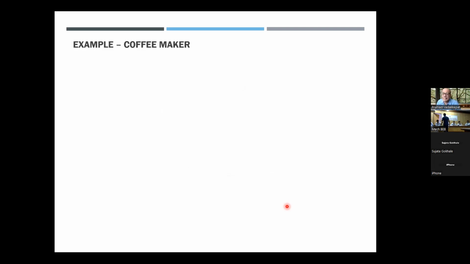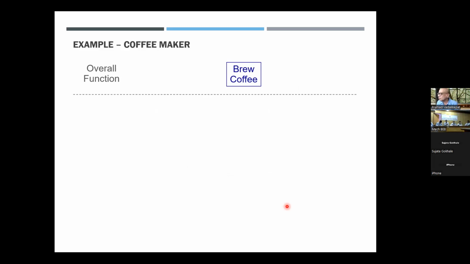Now, let us take an example of a coffee maker. So the overall function is to brew coffee. Very simple. We all know it. Now, how do you really make this function materialize? So you have to have sub-functions. So what are the supporting sub-functions?